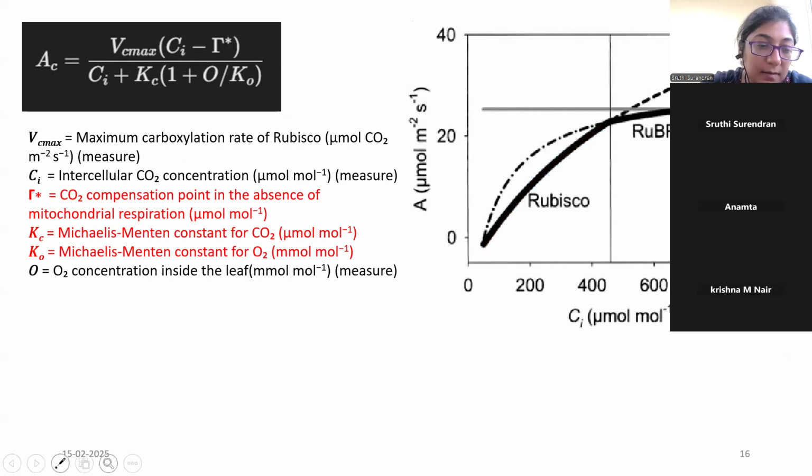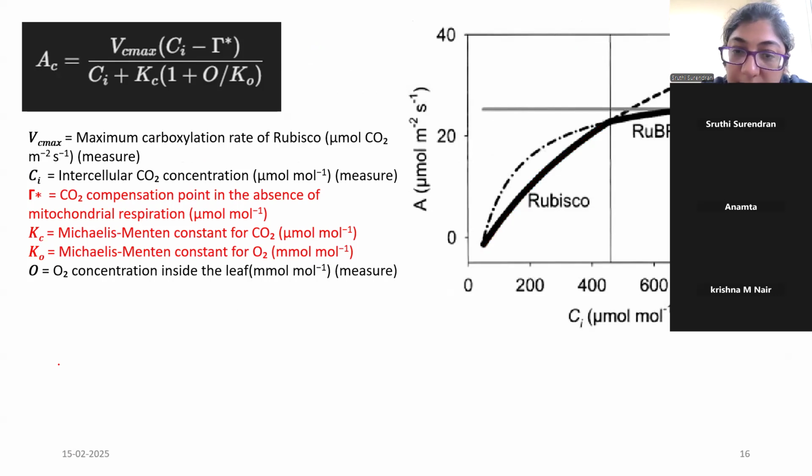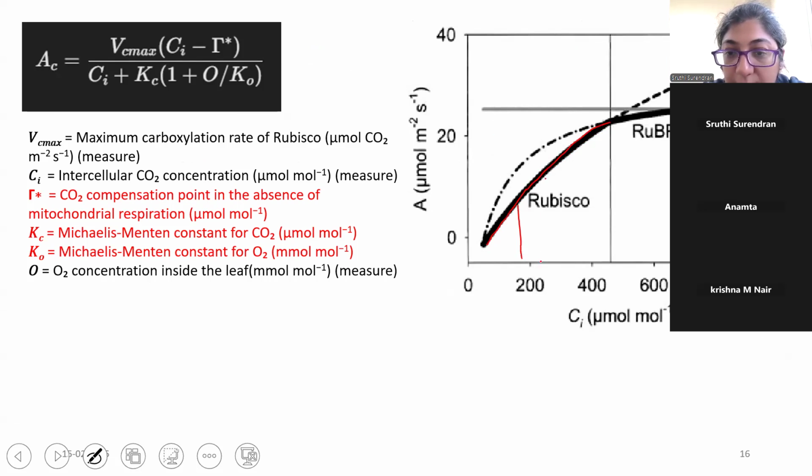So if you look at this curve over here, this portion is not just giving us one particular value of photosynthesis. For every value of carbon dioxide, we are getting a particular value of photosynthesis.